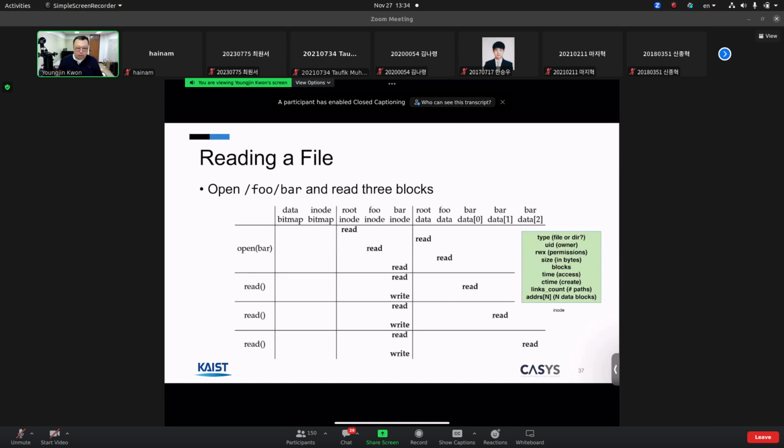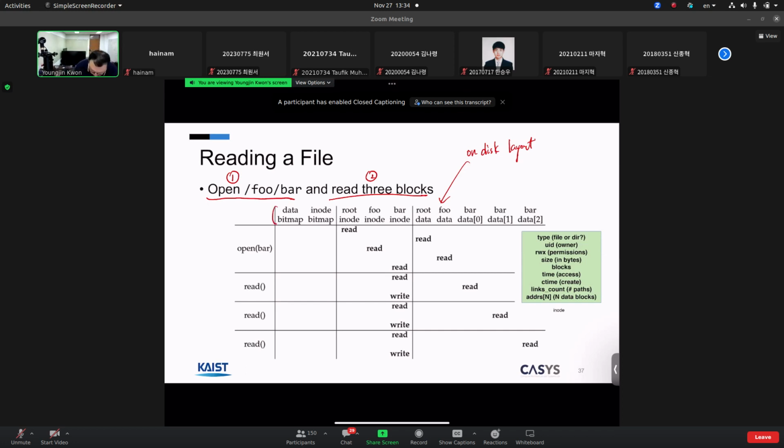Here are examples of reading a file. First, you open it, then read 3 blocks. And here is the on-disk layout. Okay, follow me. This is the most comprehensive view, so you have to understand all the details about this one.